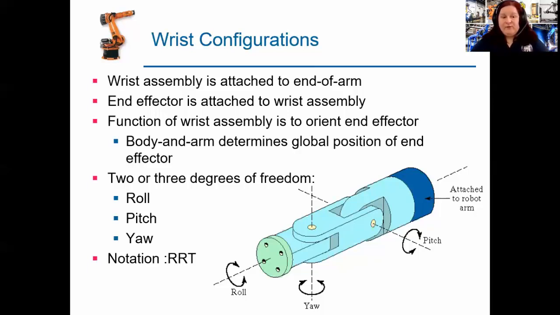So these have 2 or 3 degrees of freedom. One might be roll, pitch, and yaw, and the notation for this is RRT. If you take a look at the picture, the one which is in the same axis as the attachment to the robot arm is called roll. And then we have 2 others that are pitch and yaw.